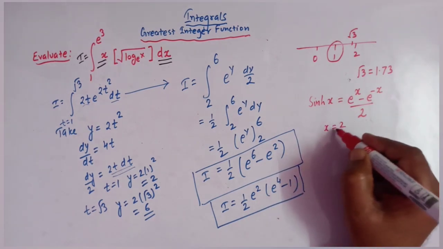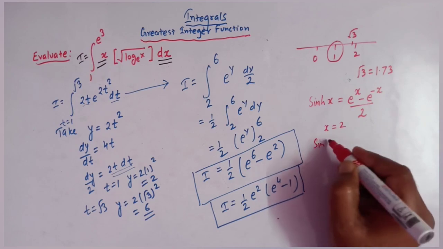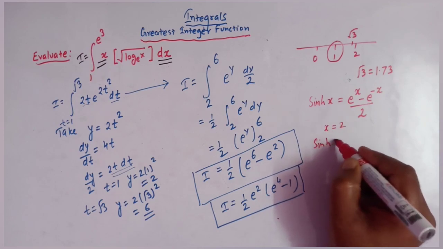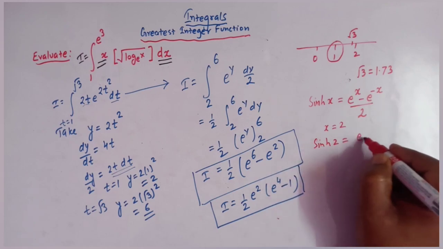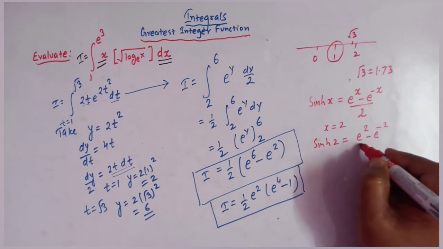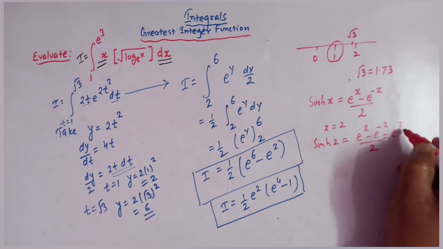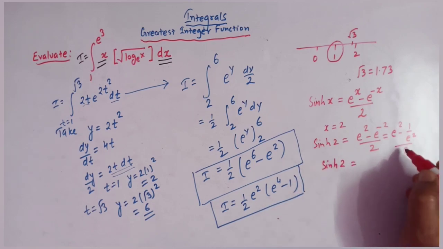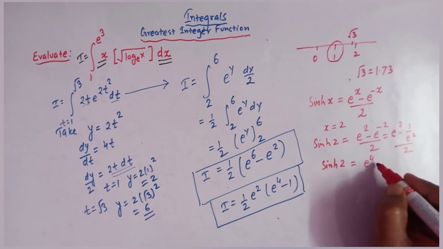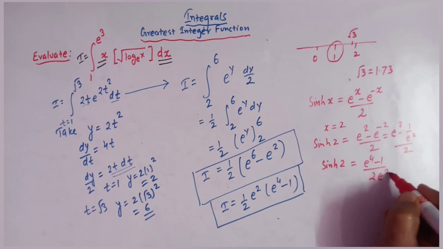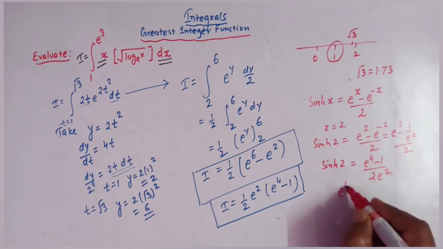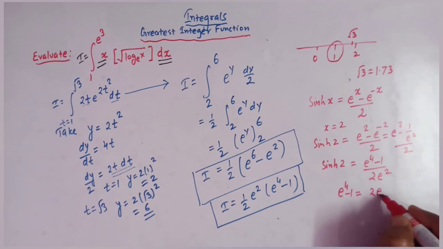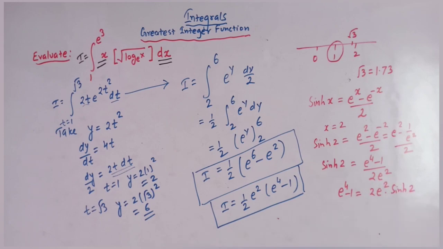So when we take x is equal to 2, then we get the hyperbolic sine of 2 is given by e square minus e raised to minus 2 over 2. So this is e square minus 1 over e square, over 2, and we can now write sinh 2 is equal to e raised to 4 minus 1 over 2e square, right? So e raised to 4 minus 1 can be written as 2e square times the hyperbolic sine of 2, right?